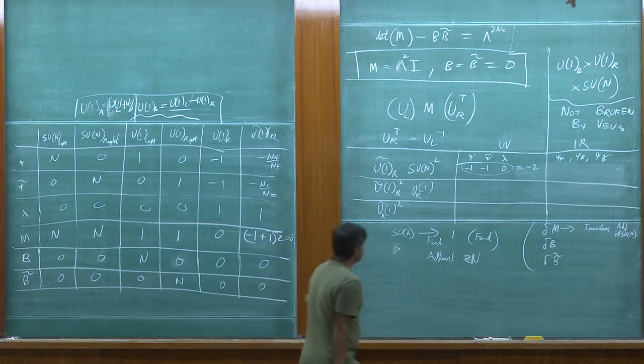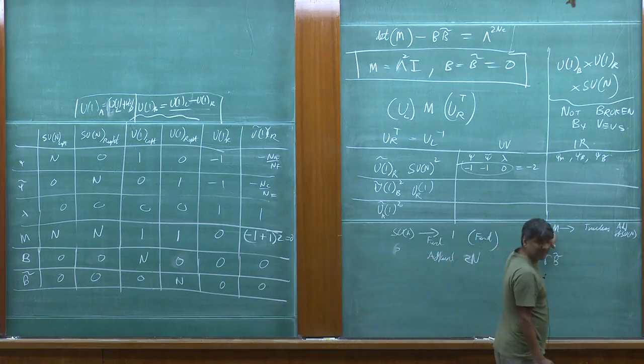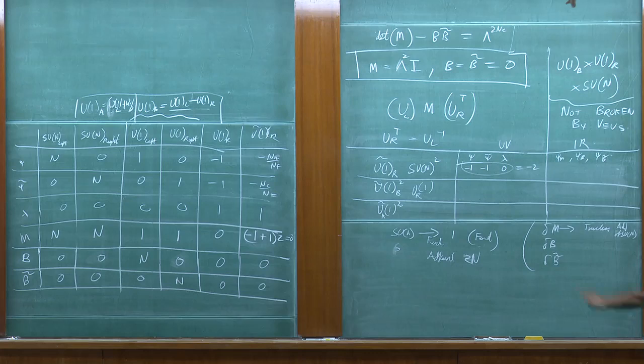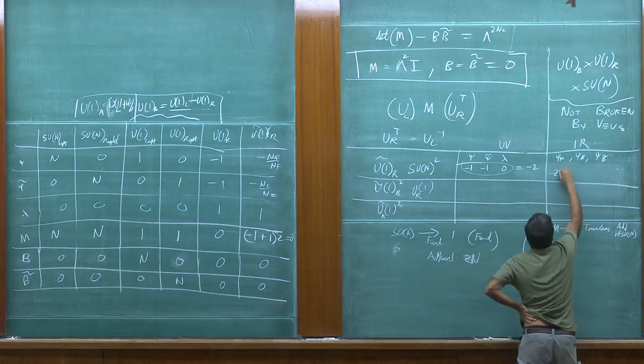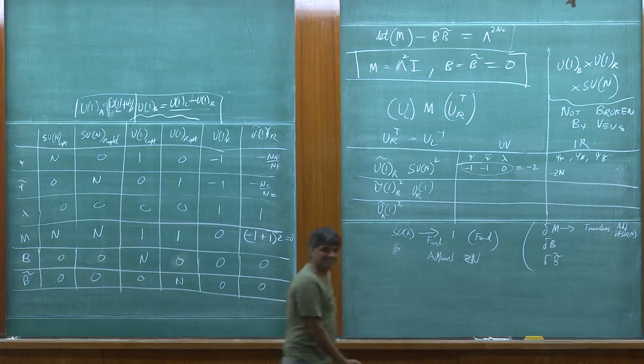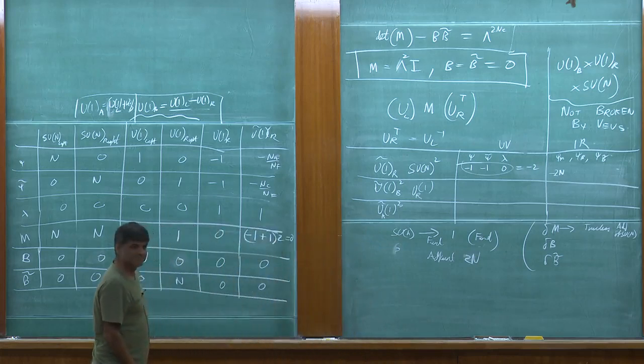So psi M here carries charge -1 under U(1)_R, because all the bosons carry charge 0 under U(1)_R, but the fermions carry -1. So it carries -1 under U(1)_R and then gets the contribution of the adjoint from SU(N). So we get -2n from here.